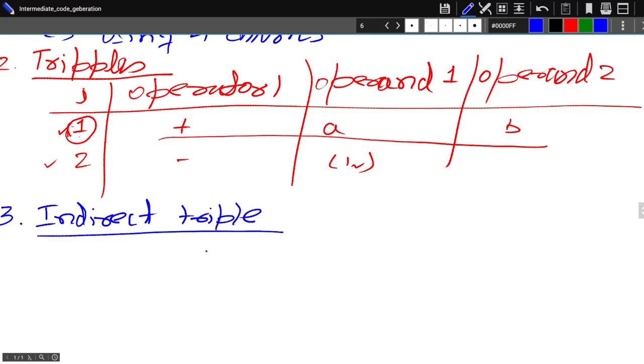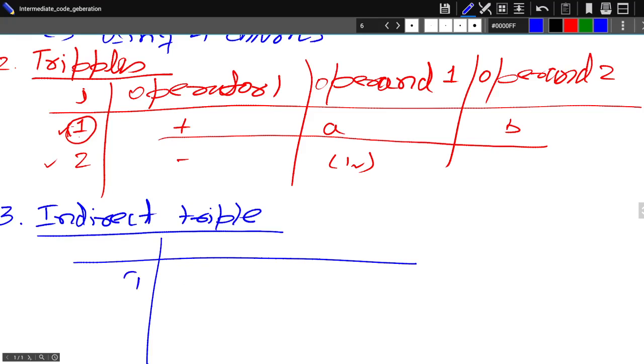Here we will keep some information of memory location.